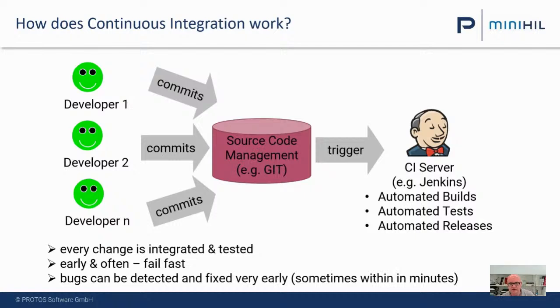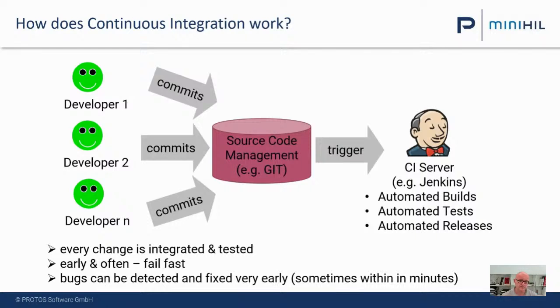Some best practices here are every change is integrated and tested. So every commit is tested. Then another thing that's important is early and often. So you commit early, you commit often to fail fast. If you wait with your commit for 2 months, the continuous integration doesn't help you. But if you make a bug change for a couple of hours, create a little test case for that, then you commit it, and the continuous integration server runs on the commit, tests this, that helps a lot.